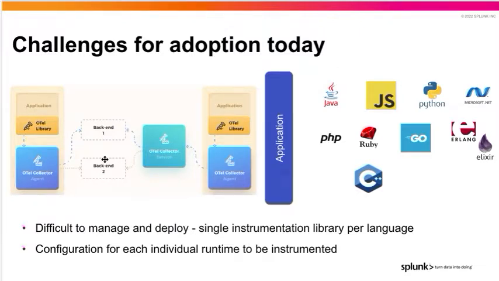In the case of auto instrumentation, some of the challenges involved are related to management and deployment. It is difficult with a single instrumentation library required per language. Second, there is configuration required as well, where you change runtime parameters or options for each runtime running in your environment that needs to be instrumented.